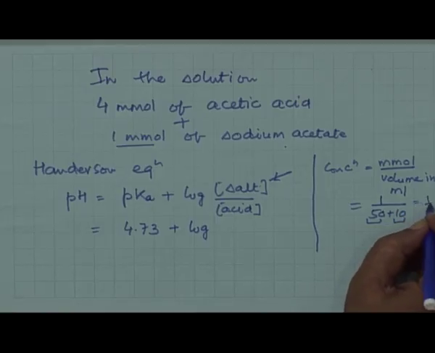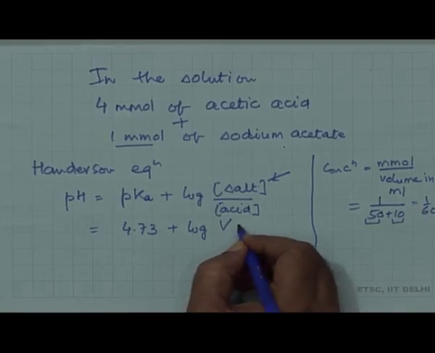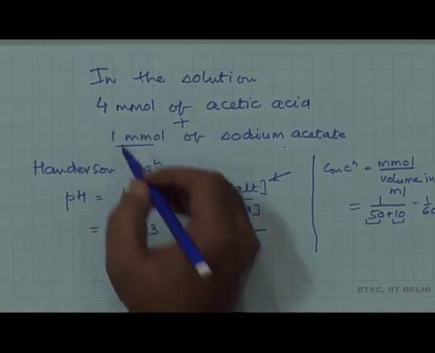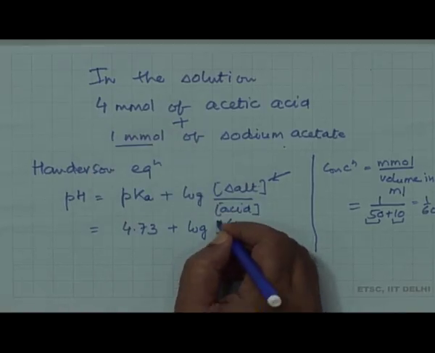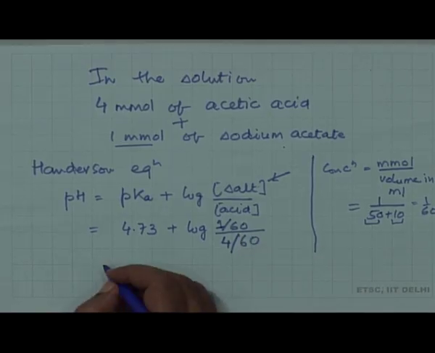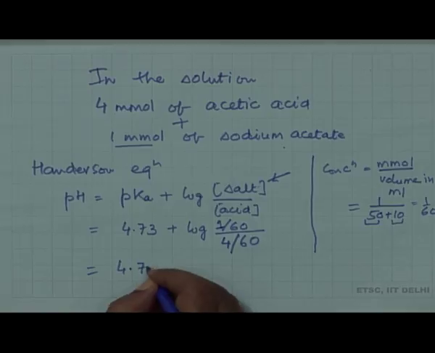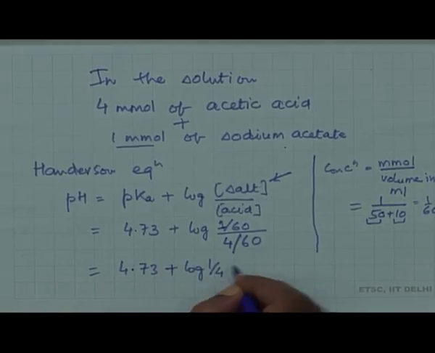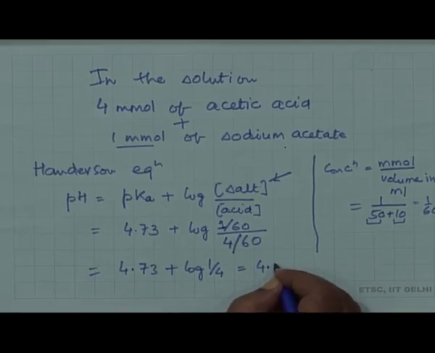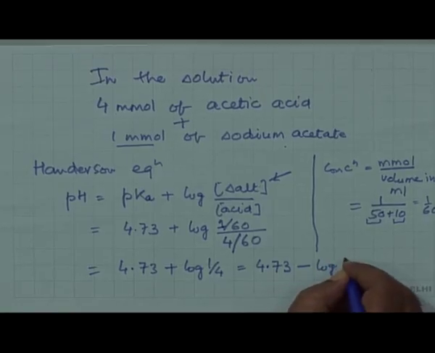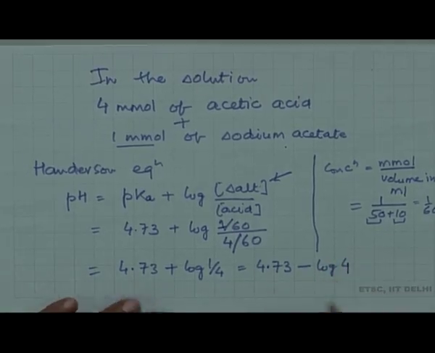So it is simply 1 by 60, and the amount of acid is 4 millimole, so 4 divided by 60. So this is 4.73 plus log 1 by 4, or simply we can write 4.73 minus log 4.